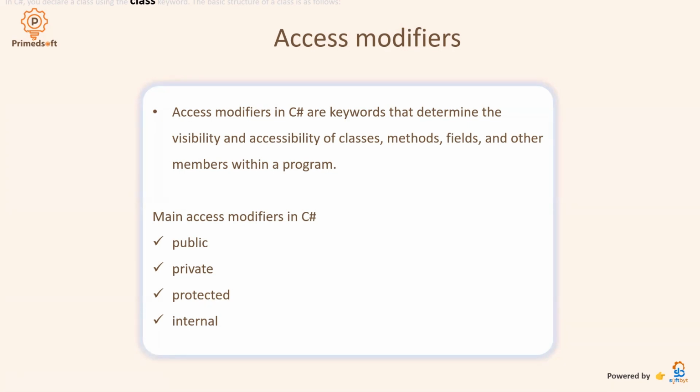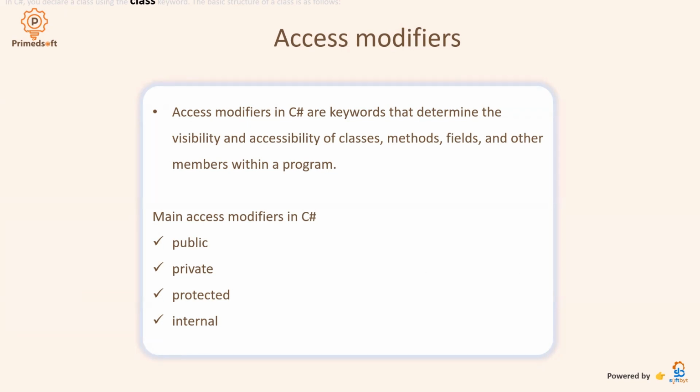So talking about protected, the code is accessible within the same class or in a class that is inherited from that class, right? Most often we usually use public and private. You also have internal, for knowledge's sake.